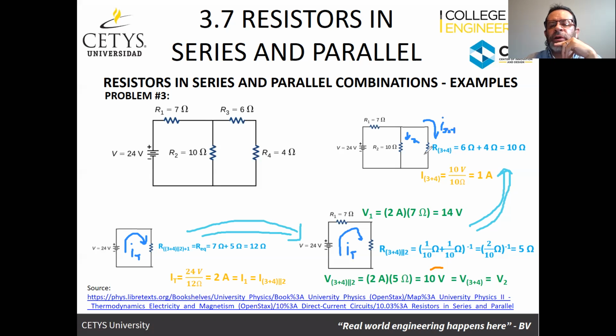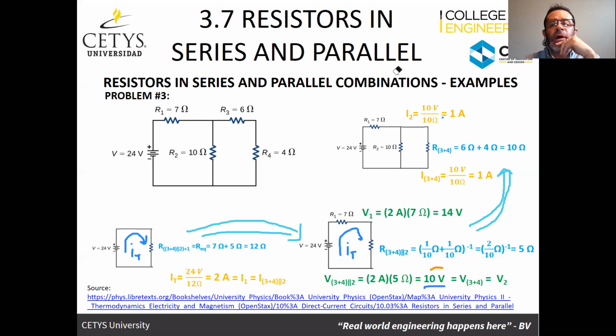How do we find those currents? We've got the voltage, which is these 10 volts, divided by the resistance for each of these elements. And so we can find both of these currents. Again, we're unraveling the circuit here. I2 and I34, we have those.